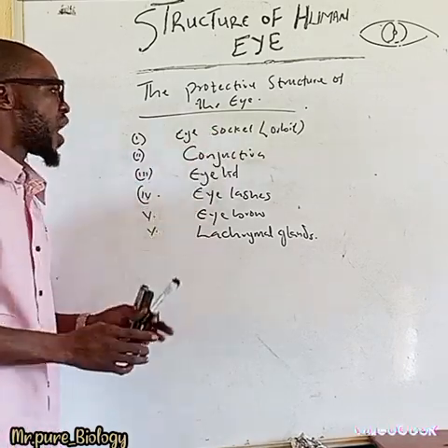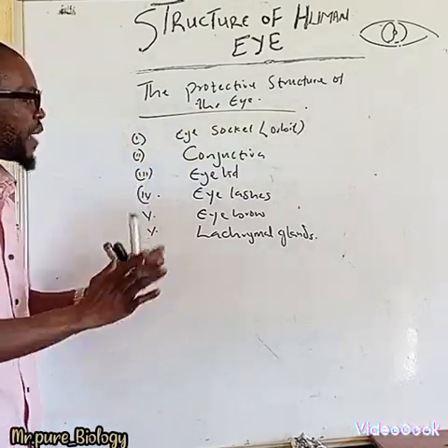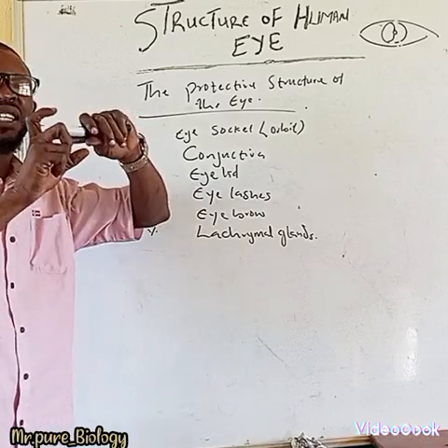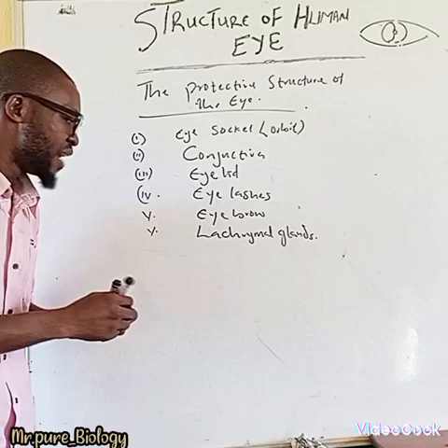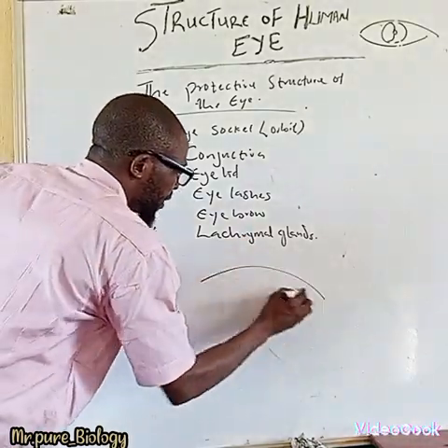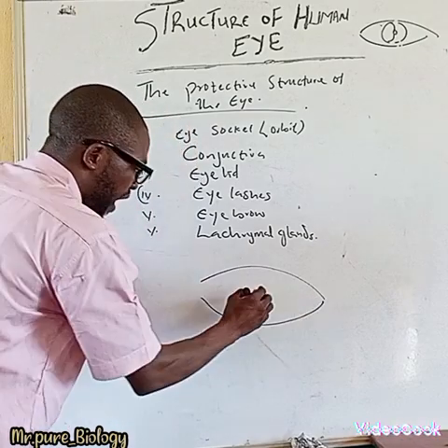Number two, we have the conjunctiva. We can best understand the function of the conjunctiva with a diagram of the anterior view of the eyeball. Let's assume this is the anterior view, the anterior portion of the eyeball.